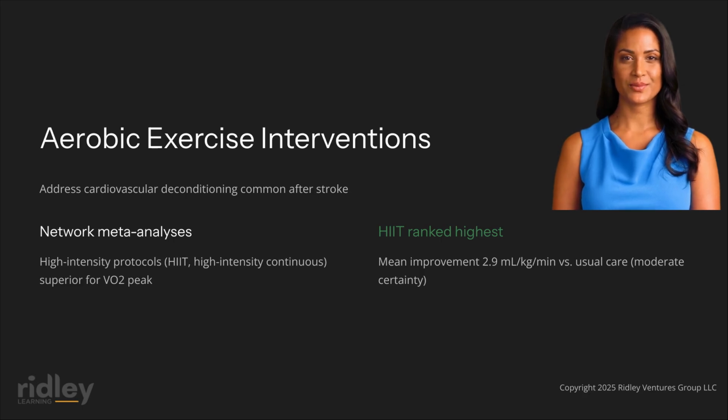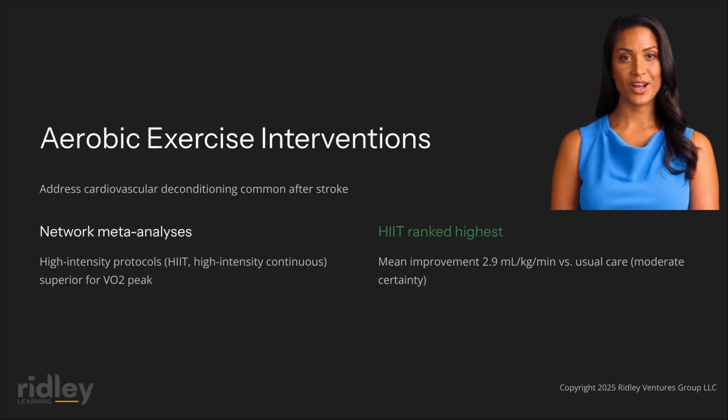High-intensity interval training has emerged as the highest-ranked intervention for improving cardiorespiratory fitness in network meta-analyses, with a mean improvement in peak oxygen consumption of 2.9 milliliters per kilogram per minute compared to usual care, supported by moderate certainty evidence. This finding has significant clinical implications, as improved cardiorespiratory fitness correlates with enhanced functional capacity, reduced fatigue, and improved ability to participate in other rehabilitation activities and community life.